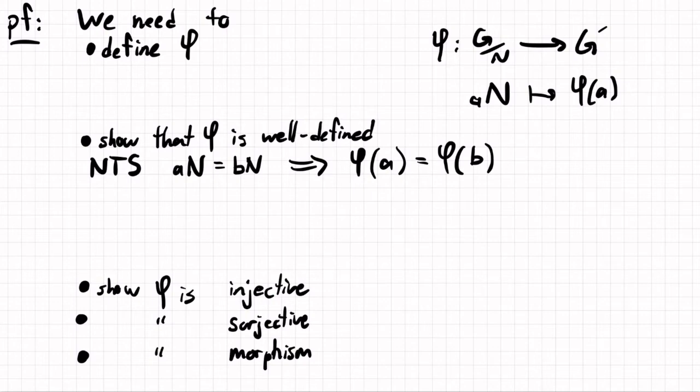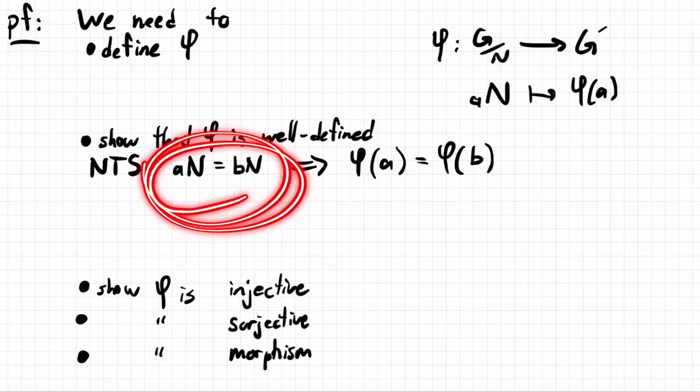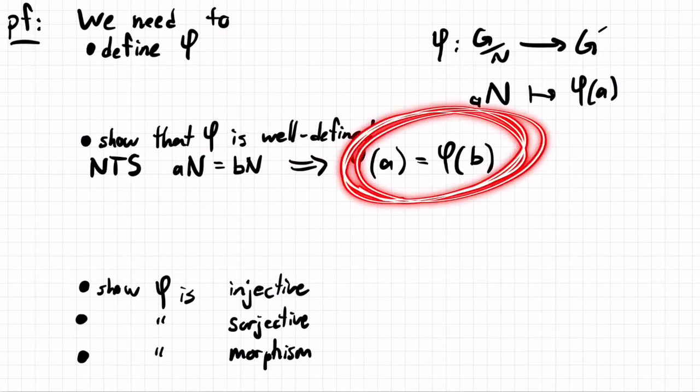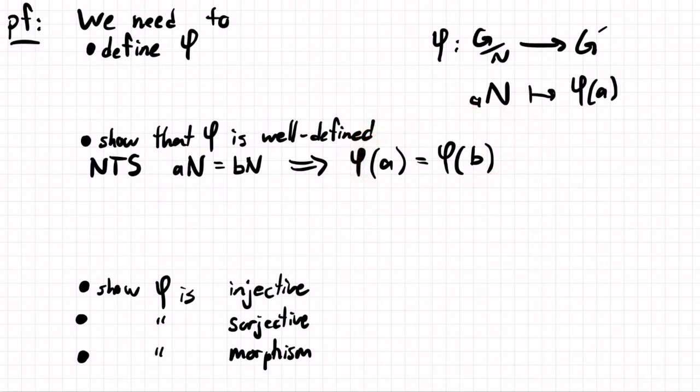So what we need to show here is that there's a relationship between cosets of n and applying the map phi.